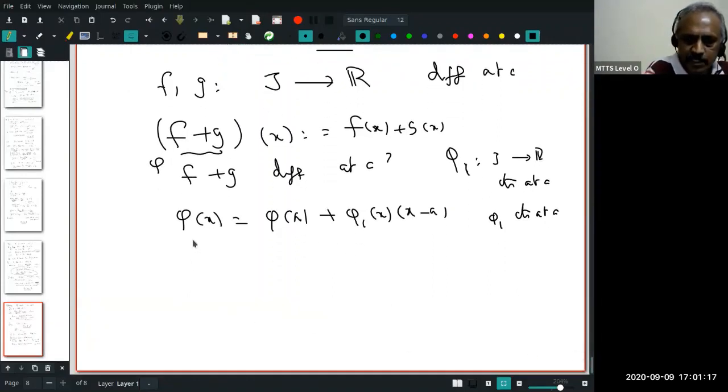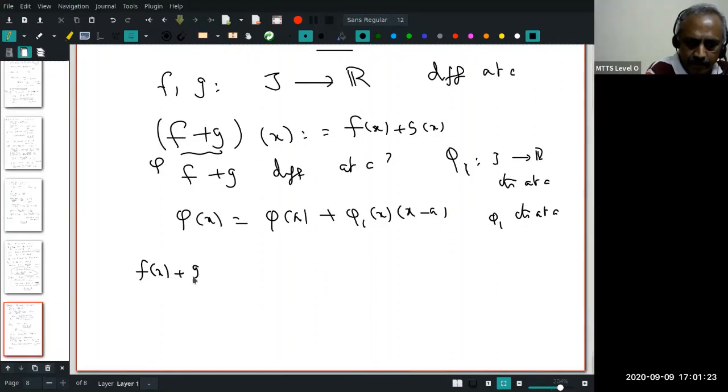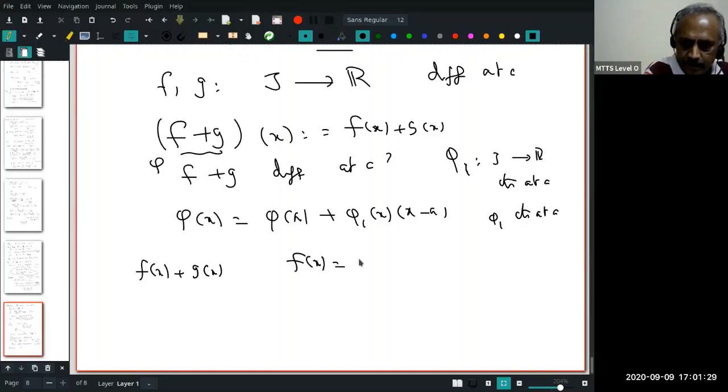That's very easy, because what is phi(x)? Phi(x) is (f plus g)(x), that is f(x) plus g(x). But remember, f is differentiable at a, therefore I can write f(x) as f(a) plus some function f1(x), this function is also unique, notice that, into (x minus a), where f1 is continuous at a.